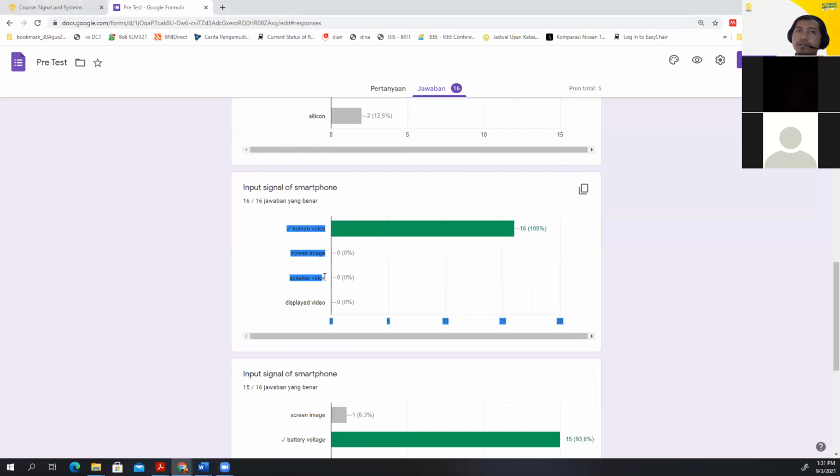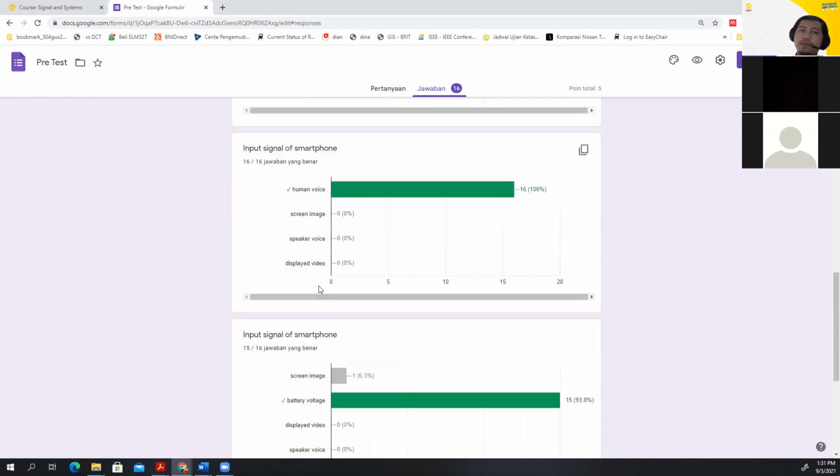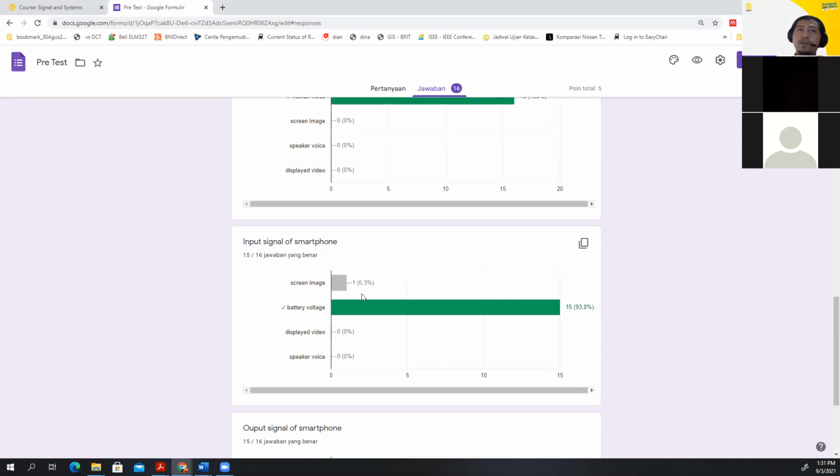And the speaker is also output. Display video is also the output of the smartphone, not input. Input signal of smartphone: screen image, no, screen image is output. Displays video, speaker. Battery voltage.